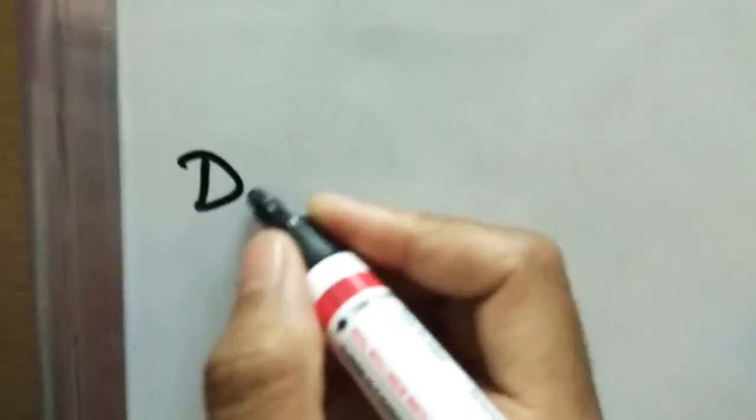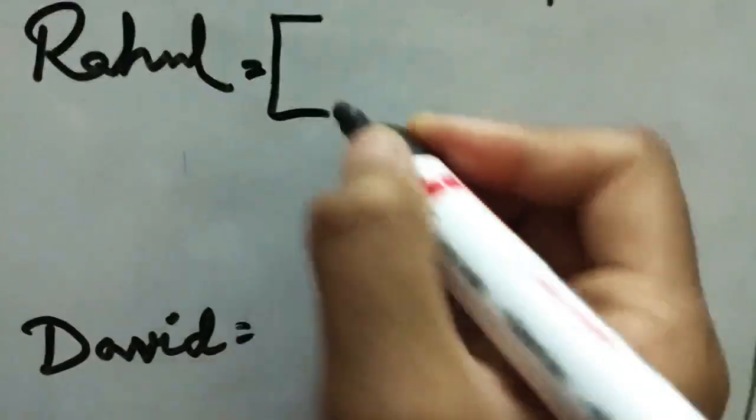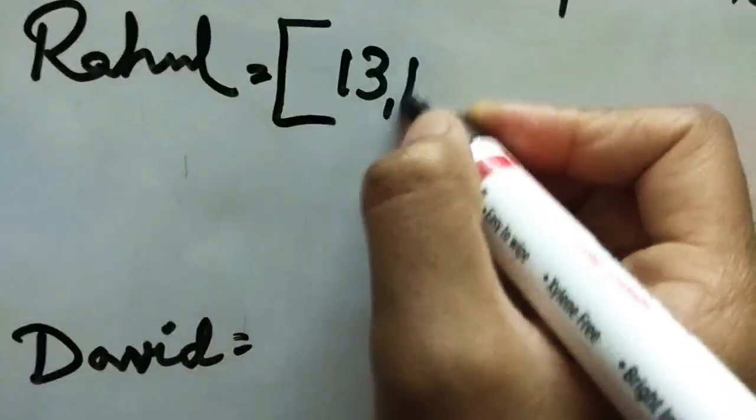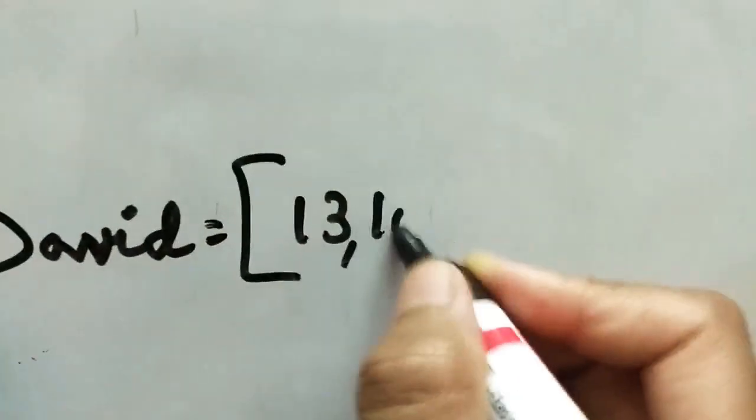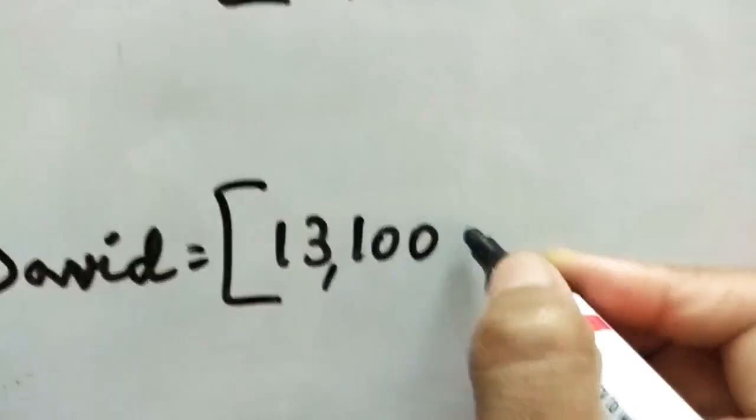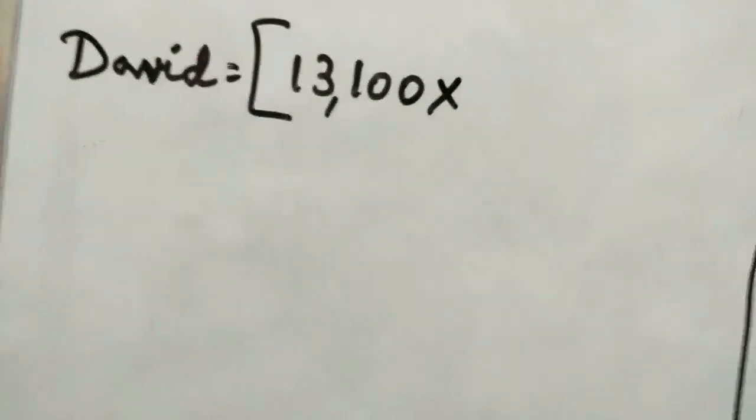So let us see. Rahul and David. Taking up Rahul, 13,100, and David. Now go for the question and just observe once what is the profit sharing ratio given for them.